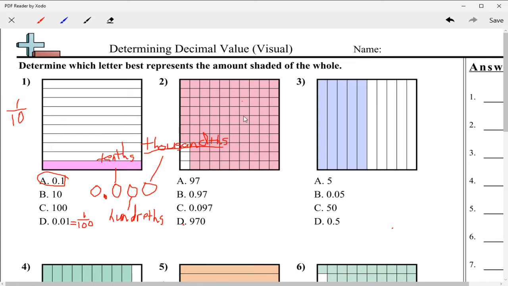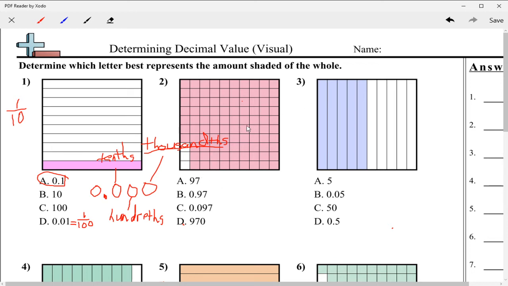So, which one is the answer? Now, is it 97? No, because this whole thing is the whole, right? These squares each are a whole. So unless there were 2 of these graphs filled in, and one of them was completely full, then we would not have anything over 1, right?